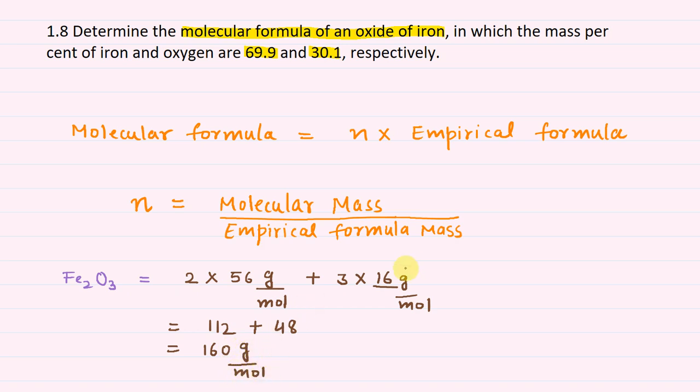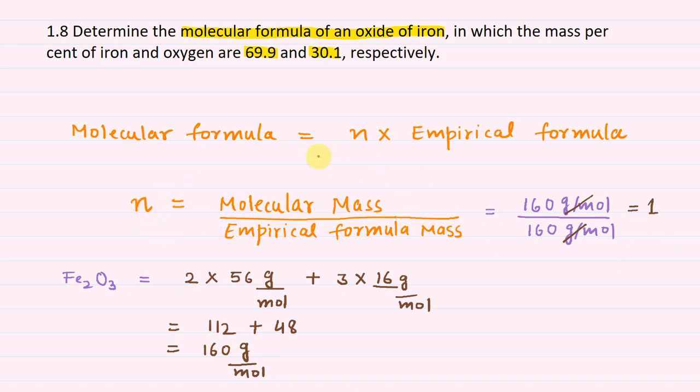In case of oxide of iron, the empirical formula mass and the molecular mass will be equal. Okay, so if I put 160 grams per mole here and 160 grams per mole here, then what value will I be getting? The gram per mole will be cancelled, and 1 is the answer we are obtaining.